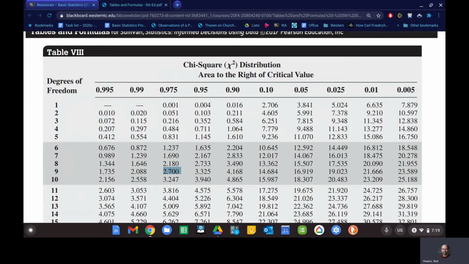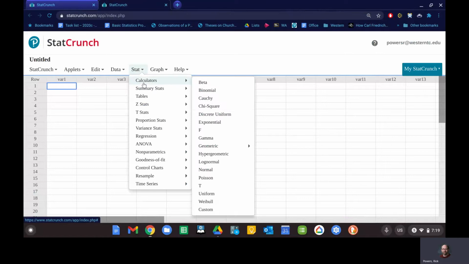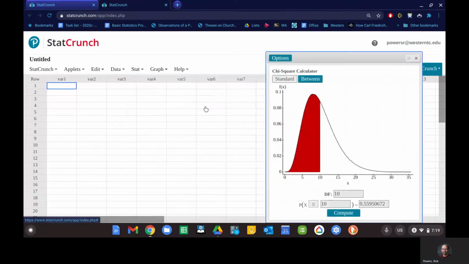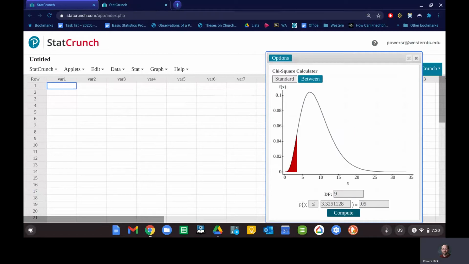However, we don't really want to use the table, do we? What we want to do is use StatCrunch. So if we go to StatCrunch, Stat, Calculators, Chi-square, and I want my 5% to the left with 9 degrees of freedom, I can just put in 9 degrees of freedom and 0.05 to the left, and it just makes it happen. Well, what if I want 0.05 to the right?